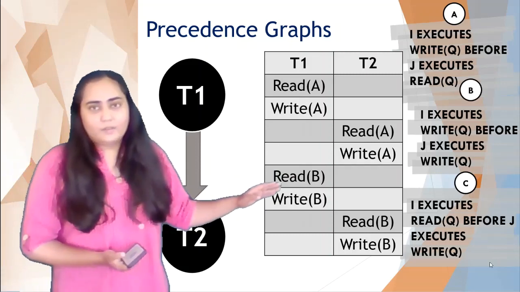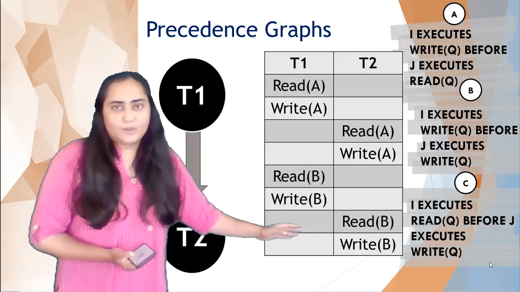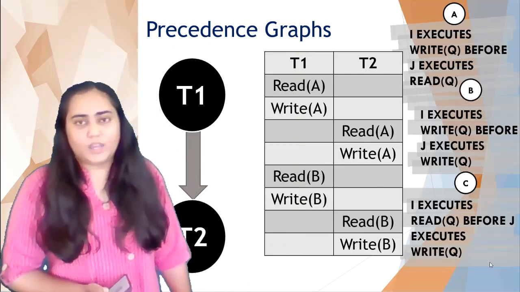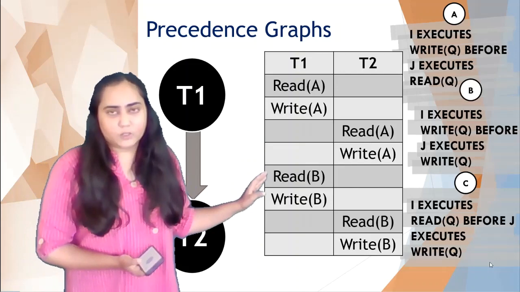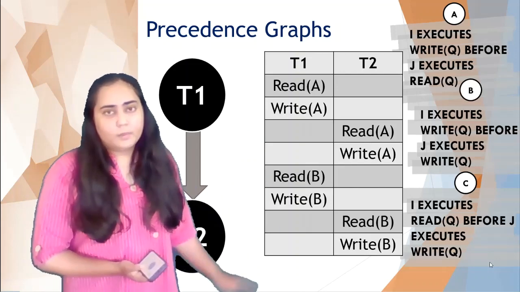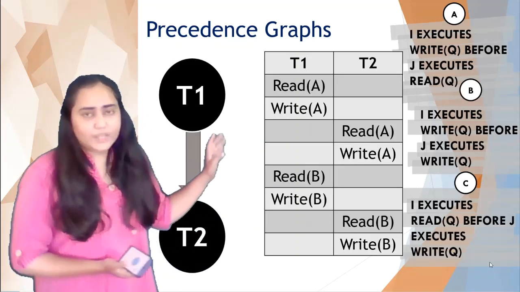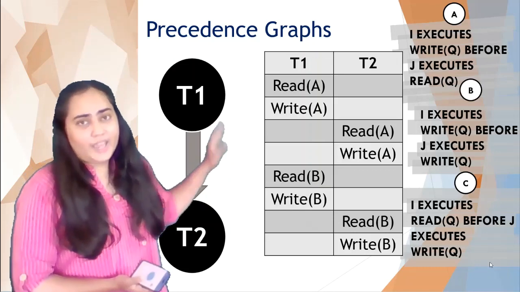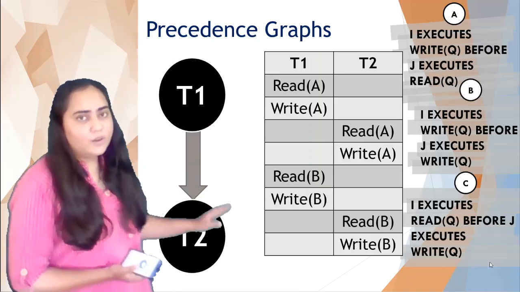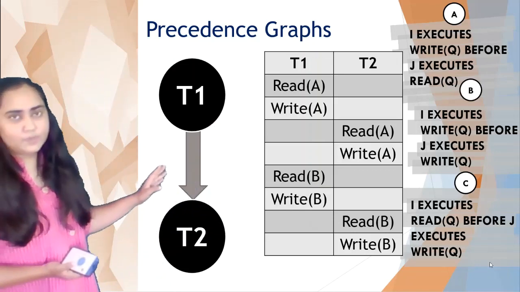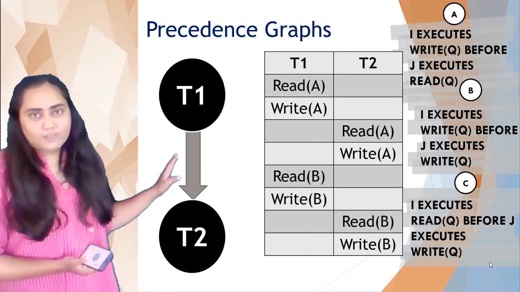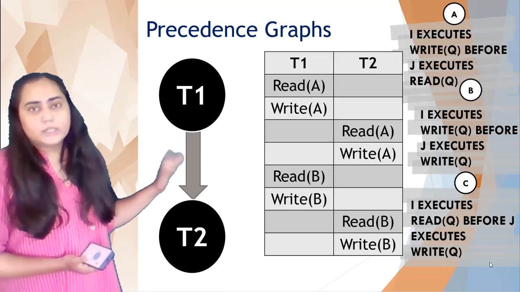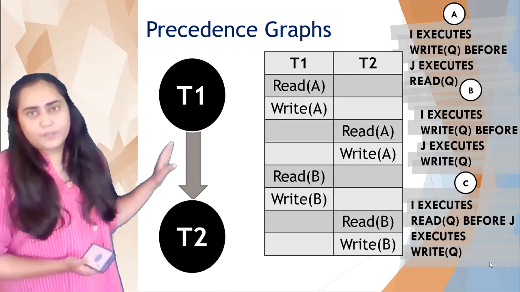Now, once again, for read B and write B, and here also read B and write B, we would have to create an edge because again, T1 is doing all these operations before T2. But in this case, there's no point in creating an edge again because we already have one edge over here. So we are not going to create the same type of edge again, and we will leave it as it is. And you can see that this is the only graph that I can get.